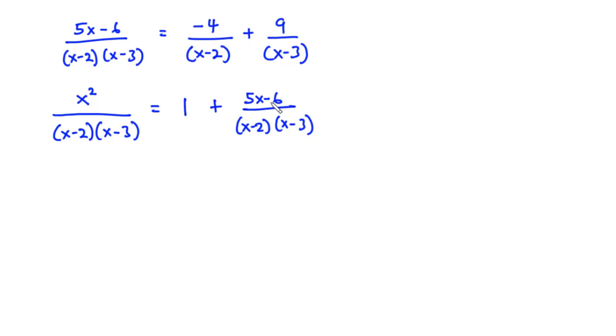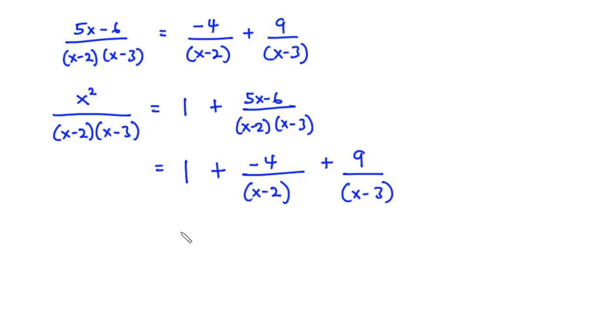So if 5x minus 6 over x minus 2, x minus 3 is equal to this, then we say that this is equal to 1 plus negative 4 over x minus 2 plus 9 over x minus 3. Hence, we've been able to resolve this improper partial fraction as a proper partial fraction.